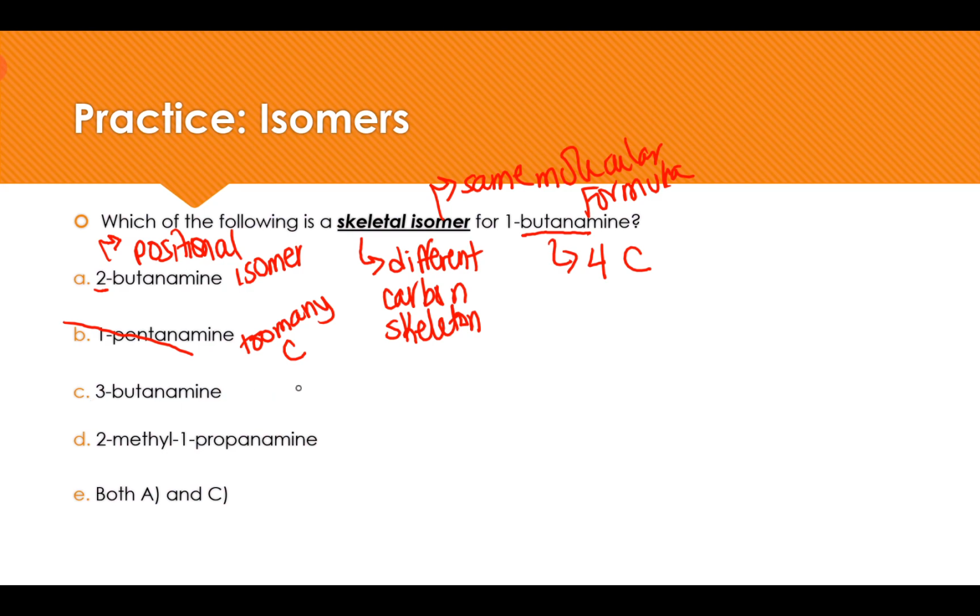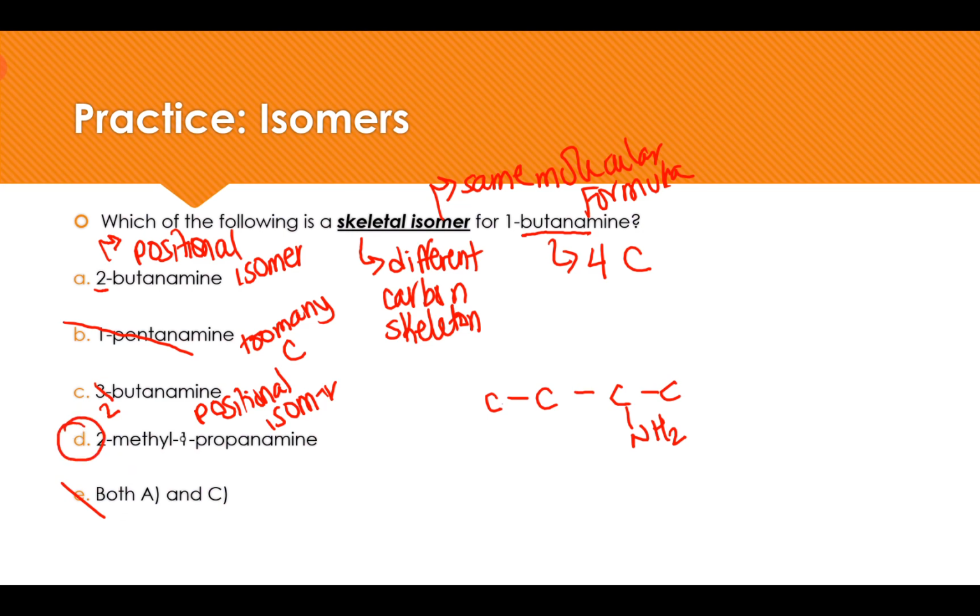3-butanamine is actually just a bad name because that's going to be 1, 2, 3, 4, but 1, 2, 3. This is really 2-butanamine, which we decided was a positional isomer. And then we can rule out both A and C because both of those are positional isomers.